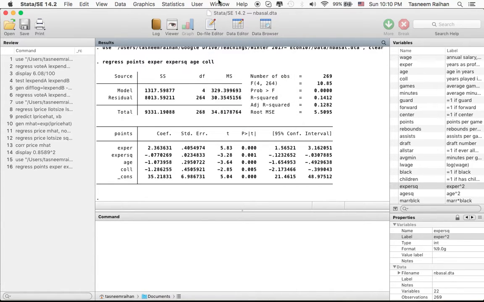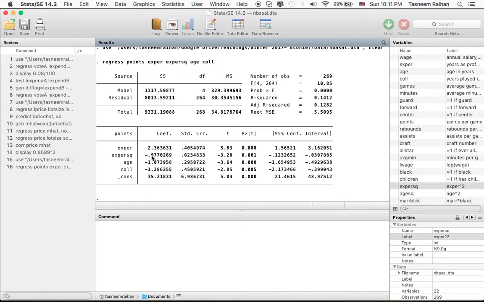Oh, before we go to the next question, notice that we have a positive coefficient for experience, but a negative coefficient for experience squared. Whenever we have a positive value for x and a negative value for x squared, it basically means we have a curve with a turning point.